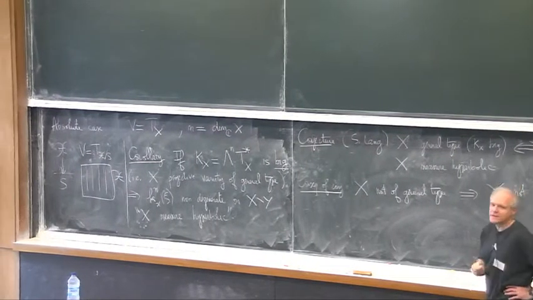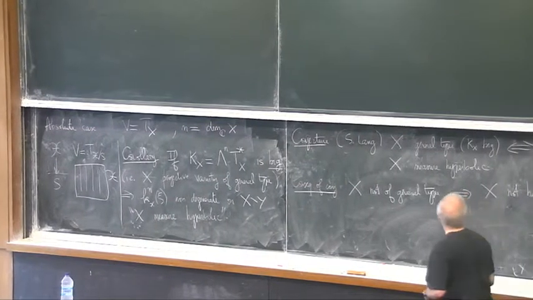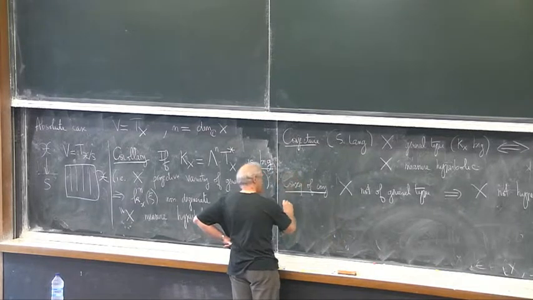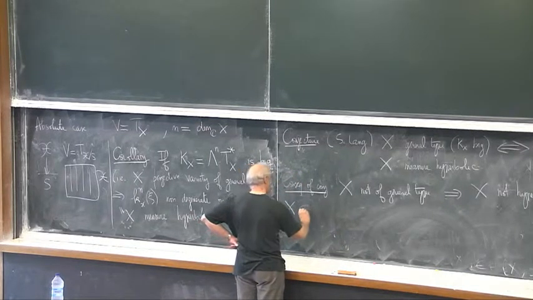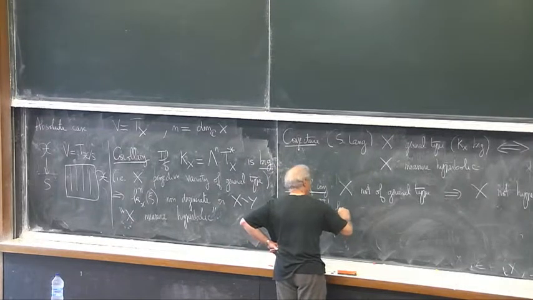It's not known either. A typical example is when X is a hypersurface in P^(n+1), a hypersurface of degree d.